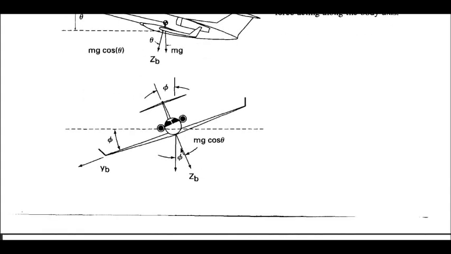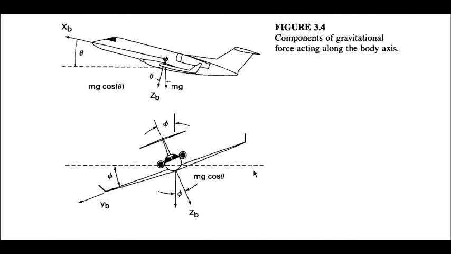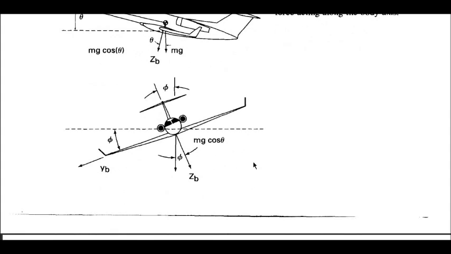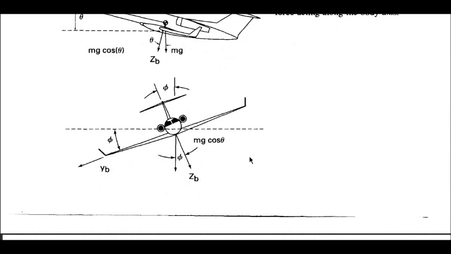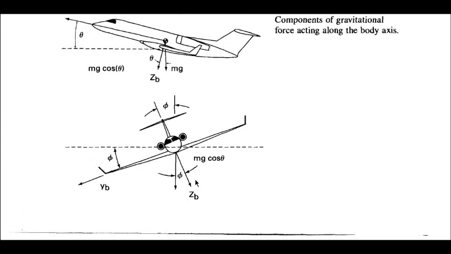Then there will be mg cosine theta sine phi in the YB direction, and in the ZB direction still the same. Yes, you're right. This one is mg cosine theta, so the ZB component.